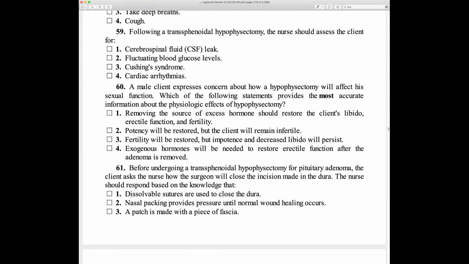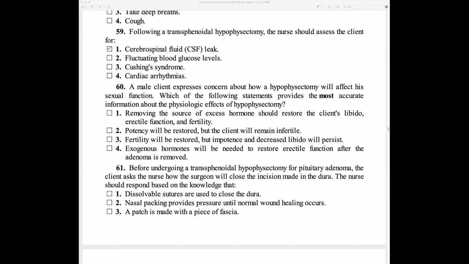Question 59, following a transsphenoidal hypophysectomy, the nurse should assess the client for, what would you choose? Very good. The correct answer for 59 is 1.